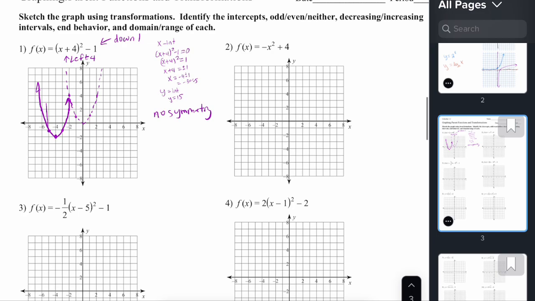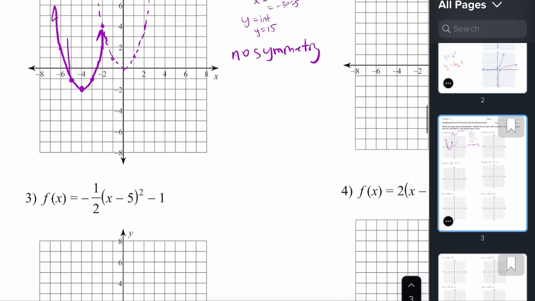Decreasing and increasing intervals. Let's see what you remember. This function is decreasing. Remember my little math bug? He's going downhill, and then he's going uphill. And what x value does it switch over? -4, right?